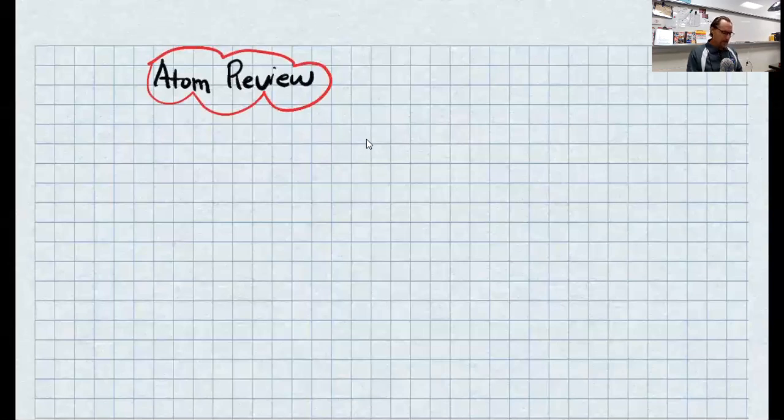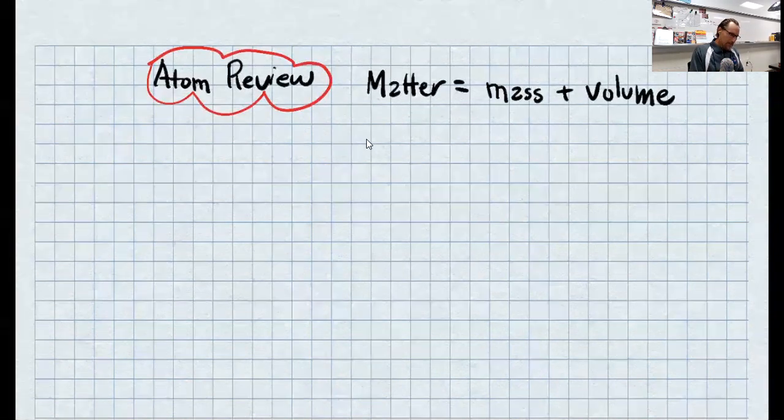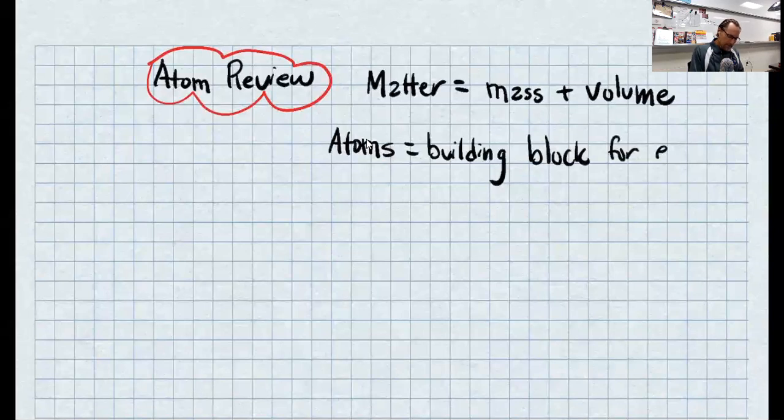So the first thing I wanted to address is that matter is made up of anything that has mass and volume. And we're going to loop back to that because atoms are basically the building blocks for everything.